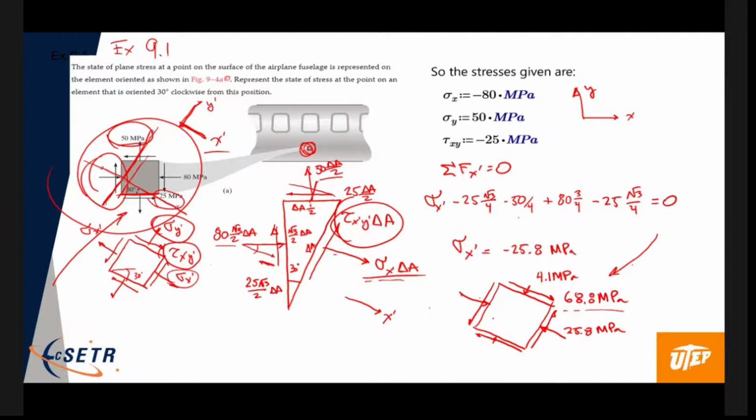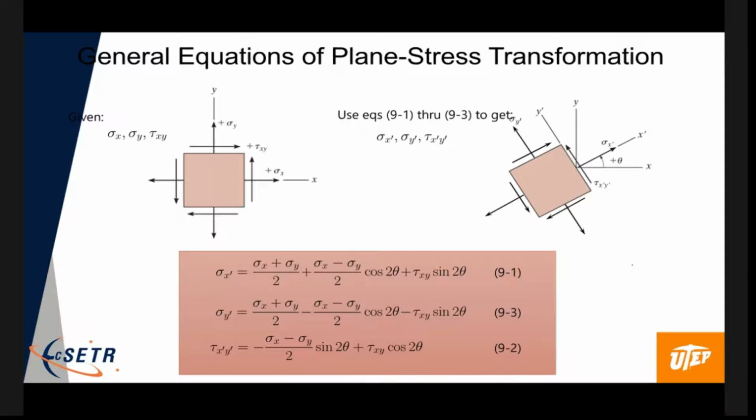So you could be very much tempted to do this for a general case where we don't have numbers, just using sigma x, sigma y, tau xy, rotate it by some angle theta, which gives me sigma x prime, sigma y prime, and tau x prime y prime.